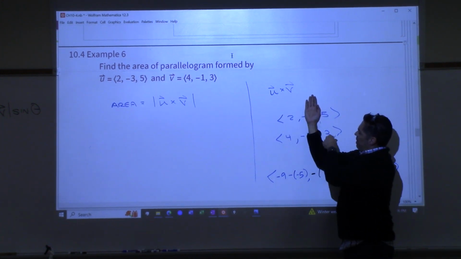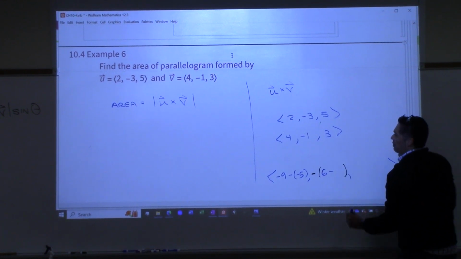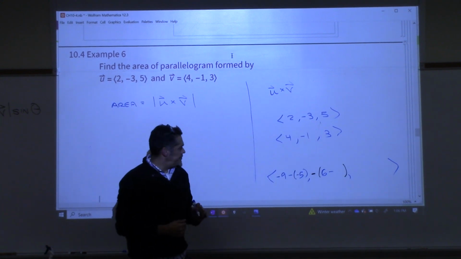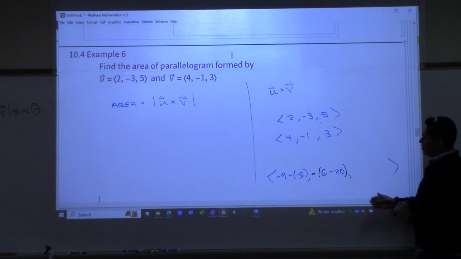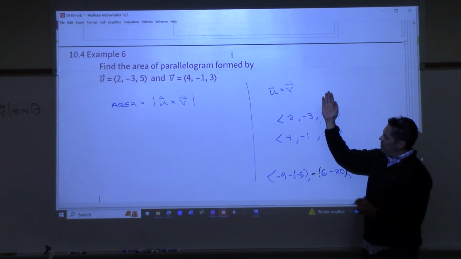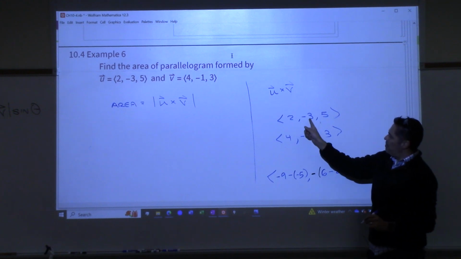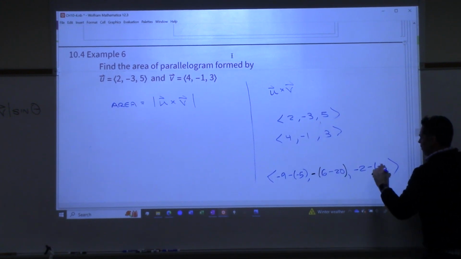I'm going to take 6, 2 times 3, and subtract from that 5 times 4, which is going to be 20. And then the last component, we cover this one up. 2 times -2 is -2, and then we subtract from that -3 times 4, which is -12.